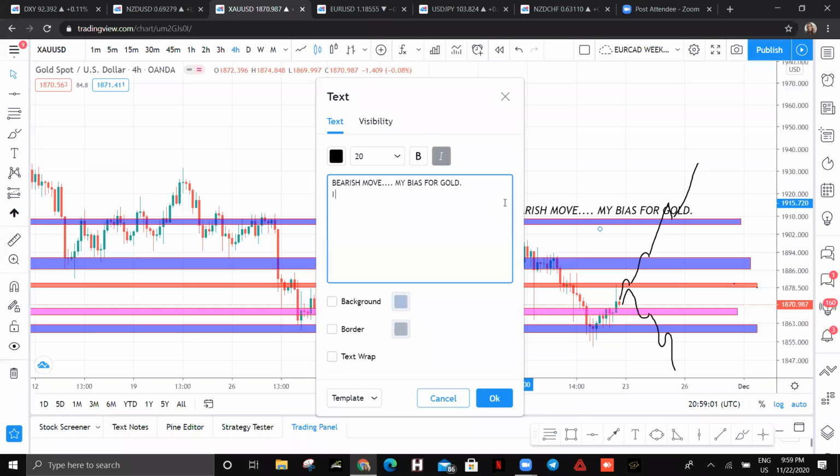I will sell when price closes below. What's the price? 1890.